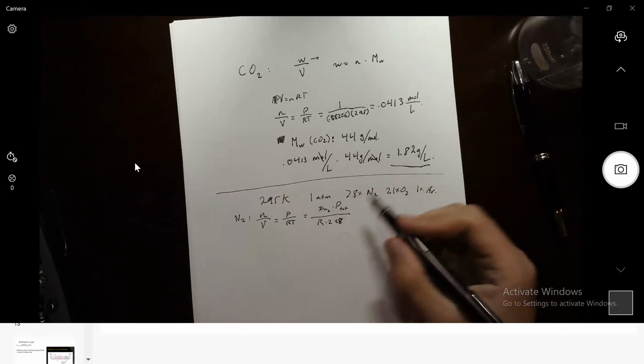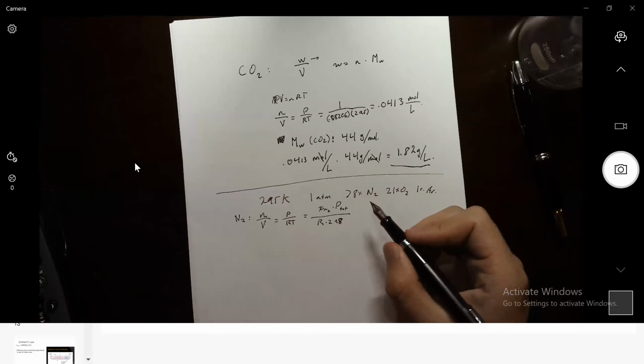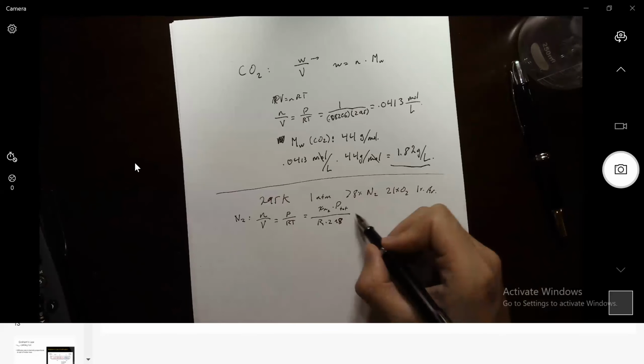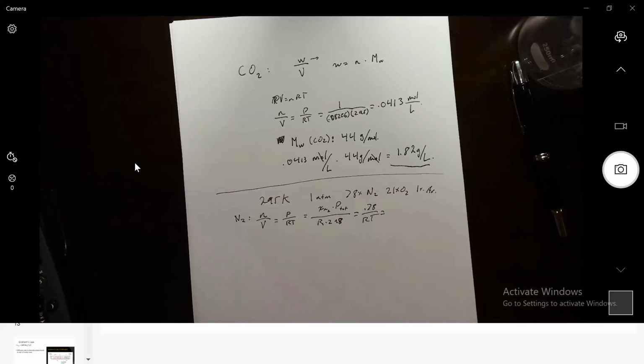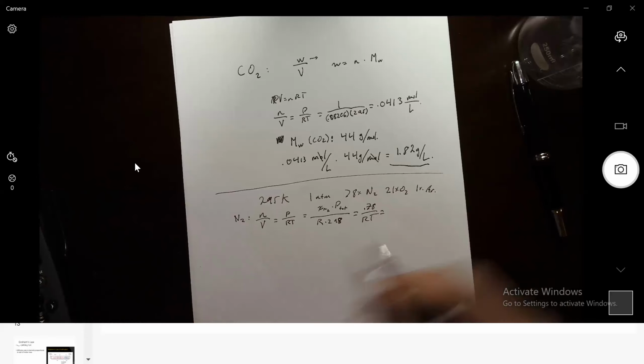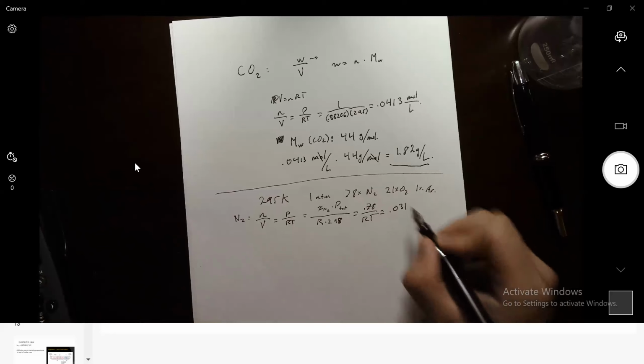So it's just 0.78 atmospheres, right? So 0.78 over RT equals 0.78 divided by 0.026, okay, so 0.0319.